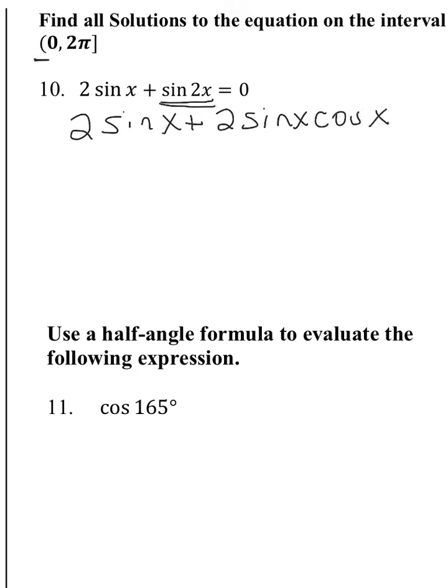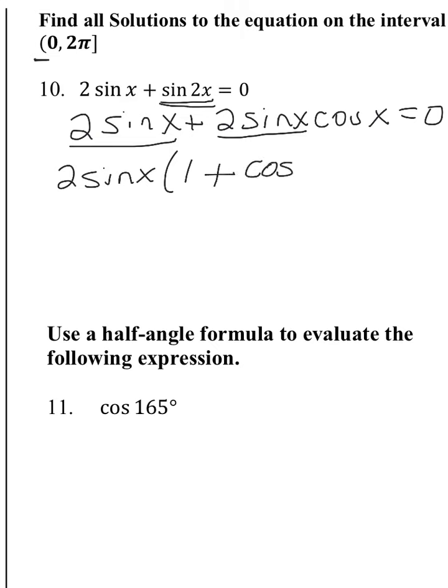And that's a good thing, because now I can factor out what I have in common in my equation. And what I have in common is this 2 sine x. So I can factor it out: 2 sine x, and what I have remaining is 1 plus cosine x.